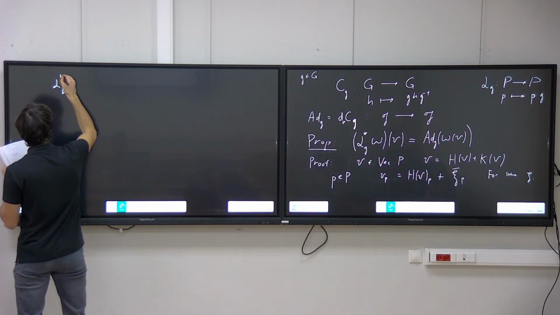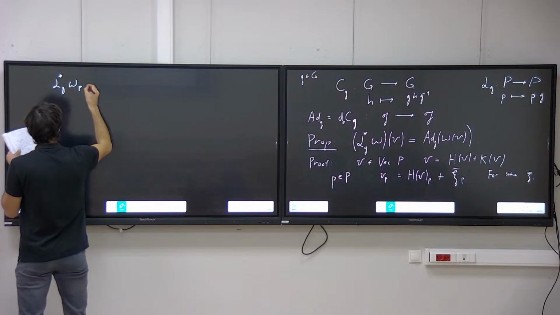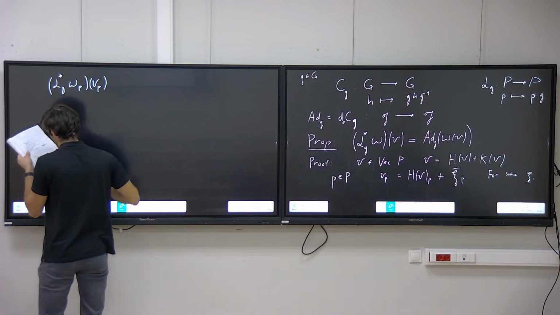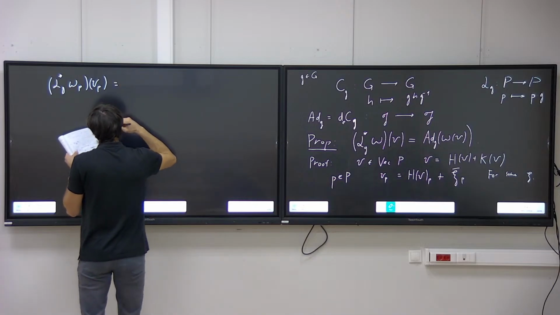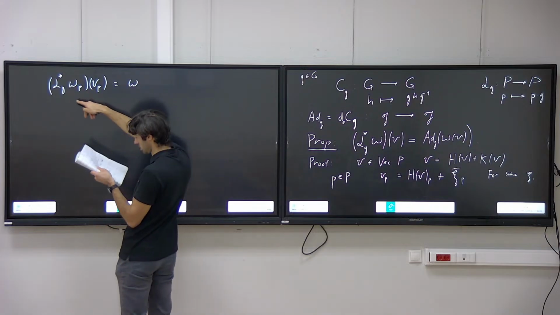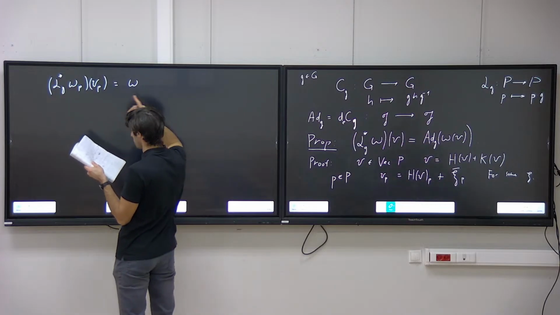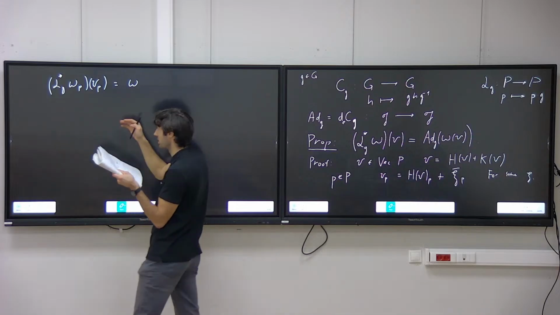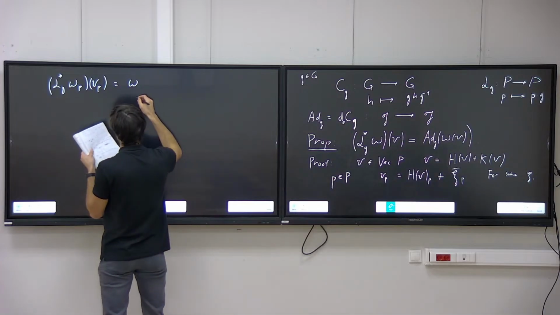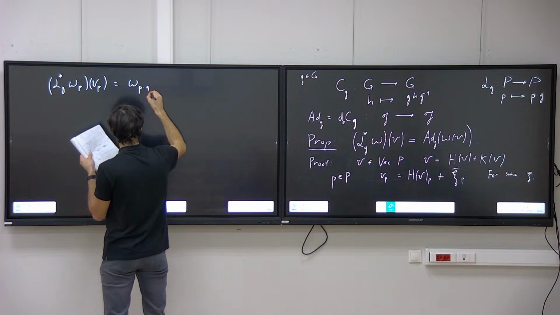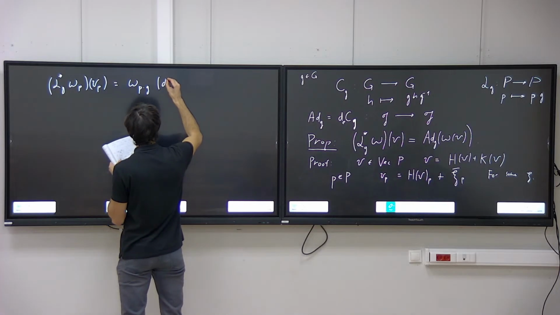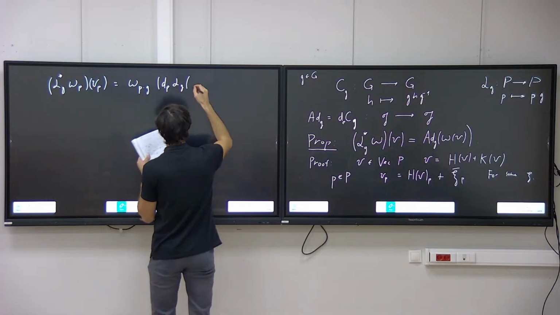So I found this Xi, and then I can write the following. Alpha_G star of omega at P, evaluated on V_P, is the same as, by the definition of alpha_G and of what it means to pull back a form, I need to shift the point at which I evaluate by alpha_G and evaluate it at d_P alpha_G of V_P.